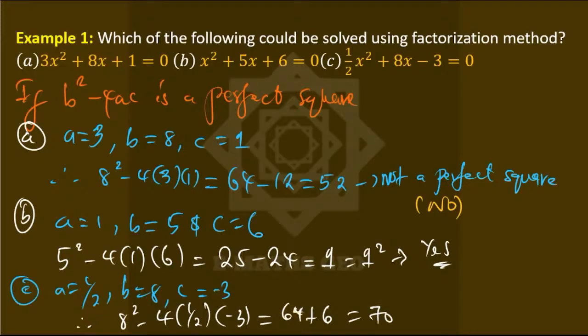The answer is no, because 70 is not a perfect square. So it's only the second one that can be solved by factorization.